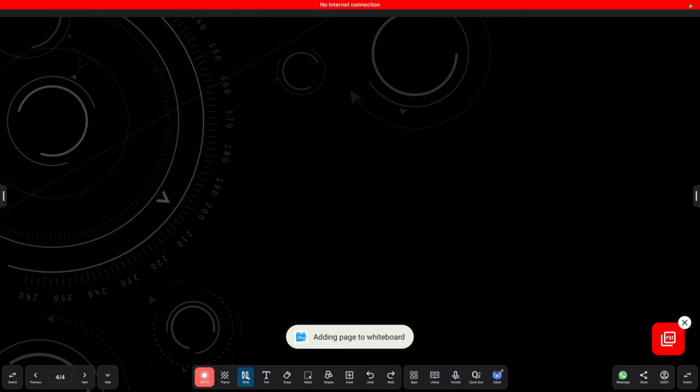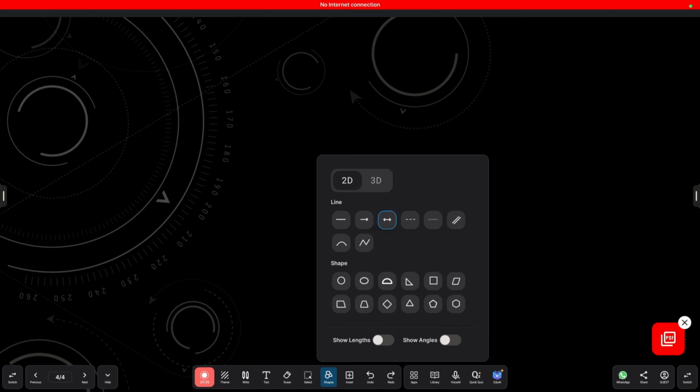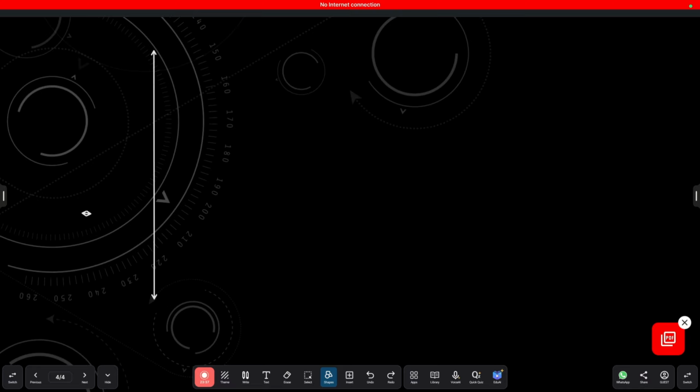Okay, just for understanding, if I make any rough graph here, suppose this, and here the graph is like this.